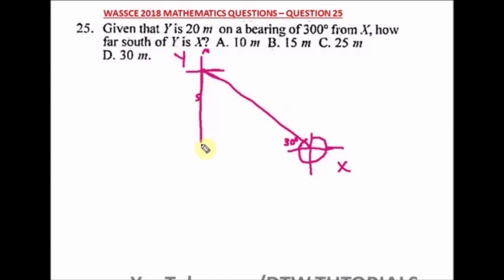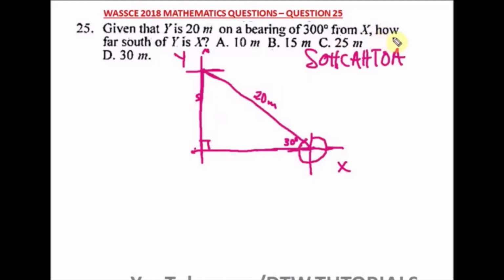So let's bring this down here. Since it's south, we have a right angle triangle here. Trace this down and take it here. So here we have a 90 degree angle, and this is 20 meters, given that Y is 20 meters on a bearing of 300 from X. So this is 30 degrees.